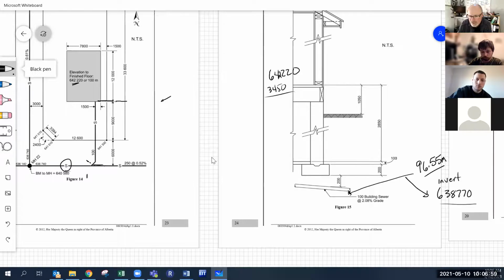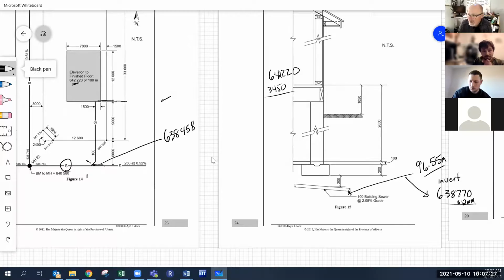So I have to subtract that drop of 312 millimeters off of that. That gets me the building sewer invert of 638,458.